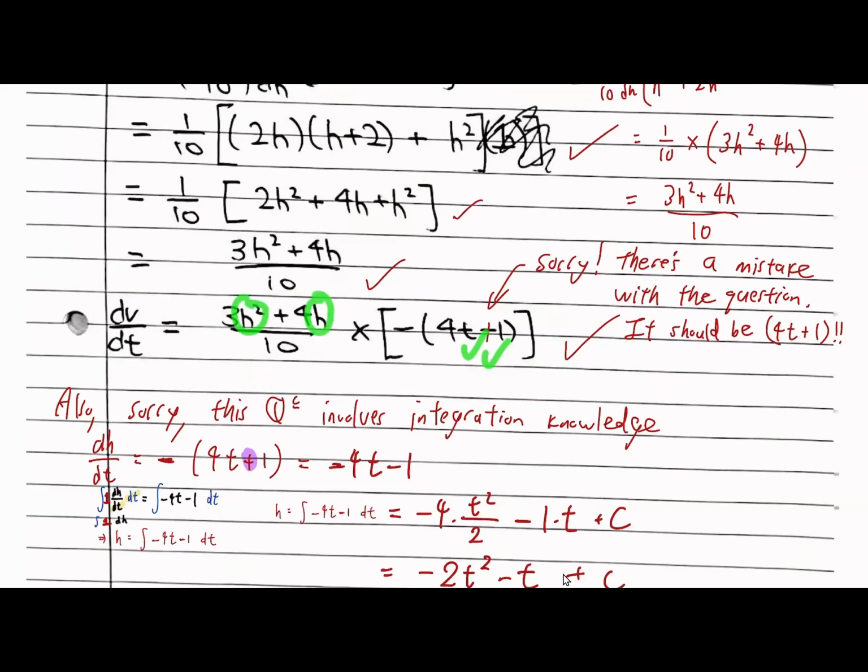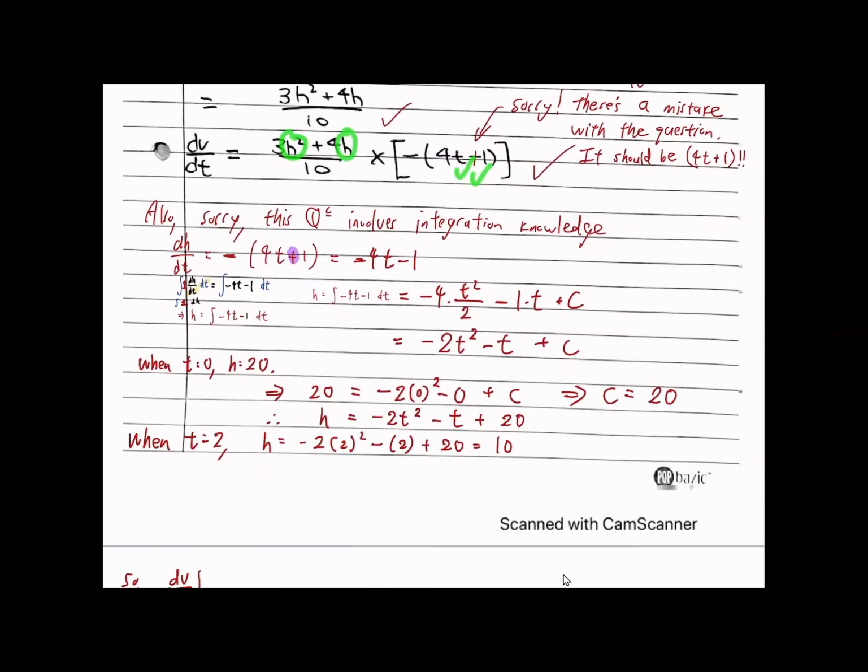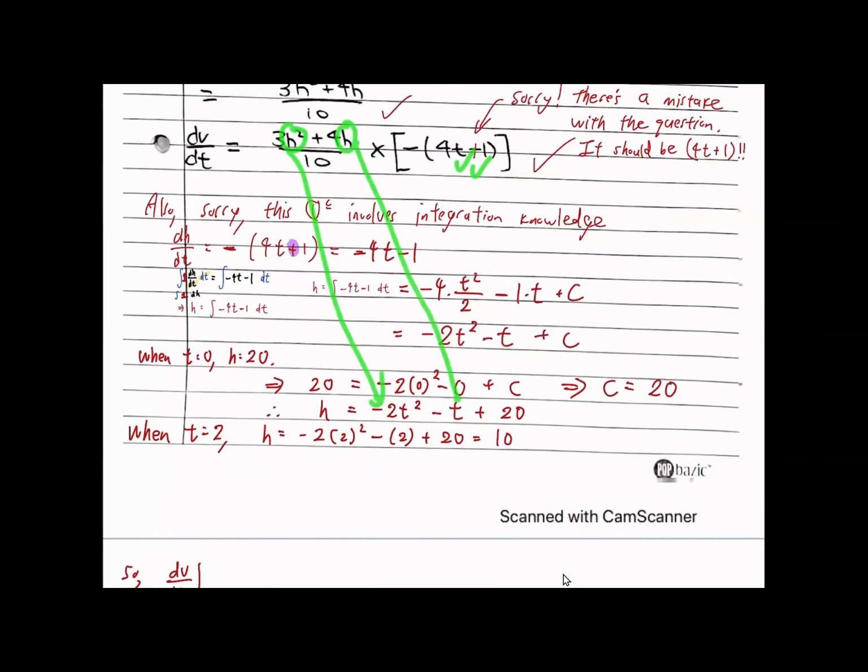Here we cannot, but we managed to find h in terms of what letter? T. Then we can just substitute back in. Then we will be able to obtain an expression in terms of t, substitute t equal to 2, and then we are done. Does it make sense?